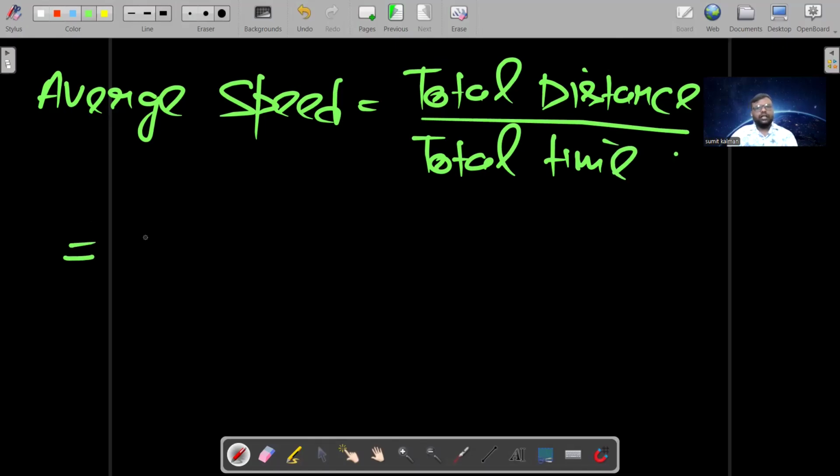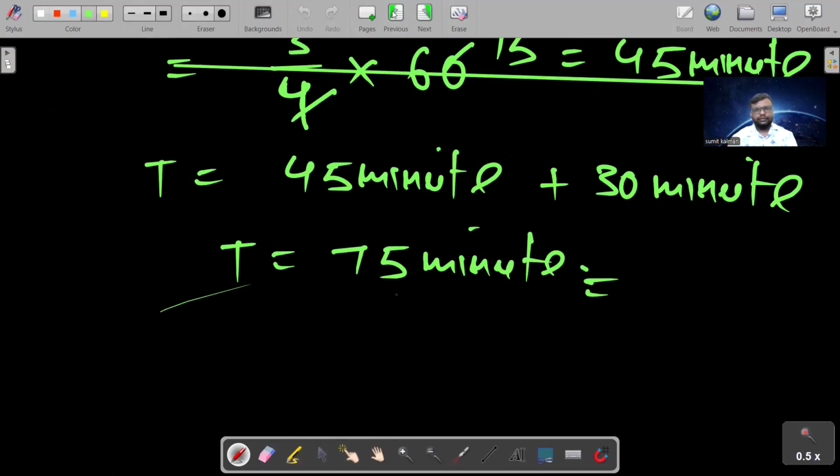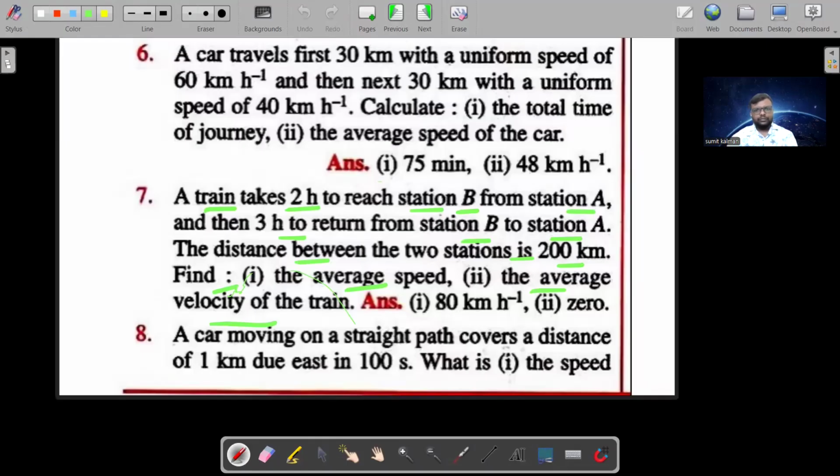Now, how much is the total distance here? See, the distance between the two stations is 200 kilometers, and the train takes 2 hours to reach from station A to B, and then 3 hours to return from station B to A. Is this clear?